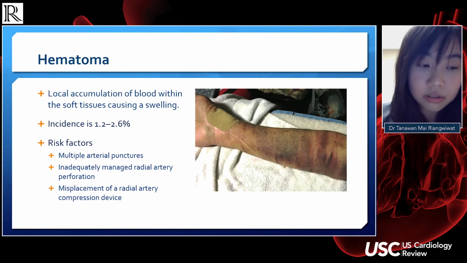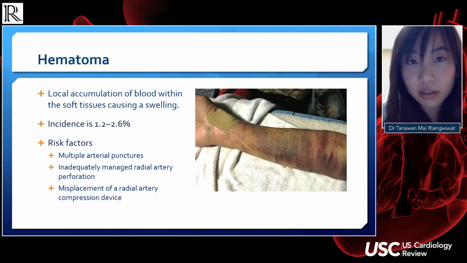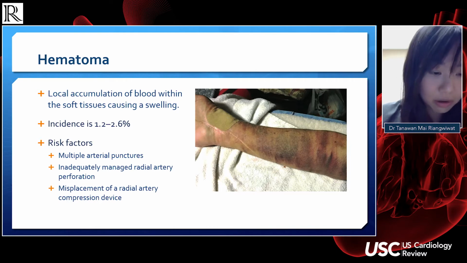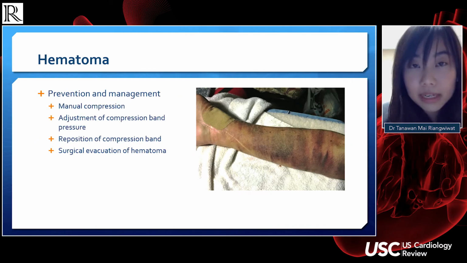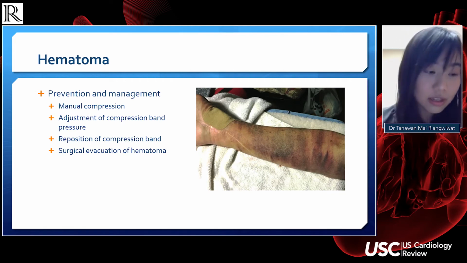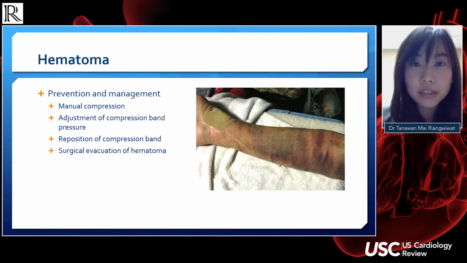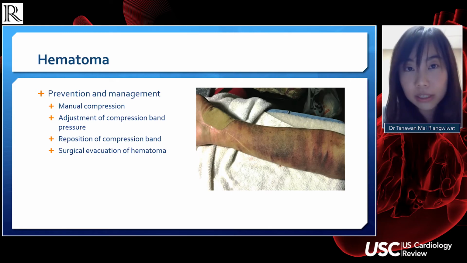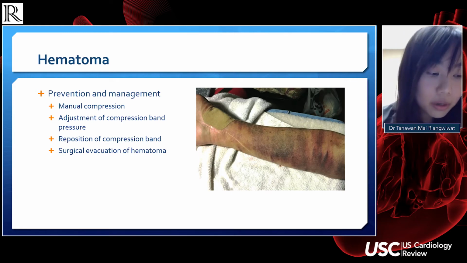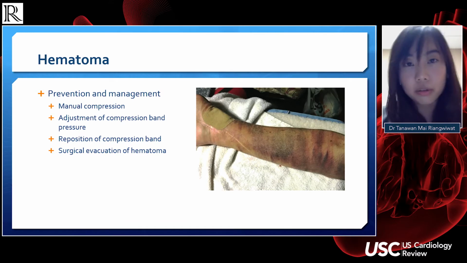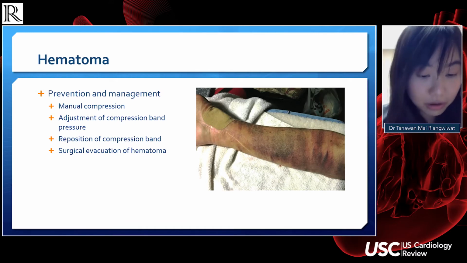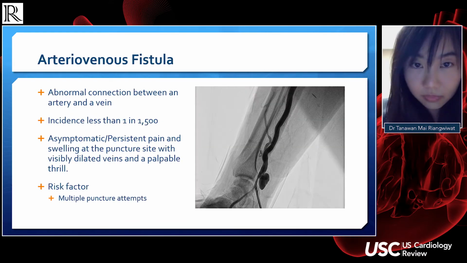Early recognition of this hematoma is very, very important because early management will prevent serious complications like compartment syndrome later on. Now, the management for this hematoma is compressions, compressions, and compressions. It's either manual compression, adding pressure to the pressure band, or adjusting the compression device. Be aware that if the hematoma gets bigger, you might need a surgical evaluation later on.